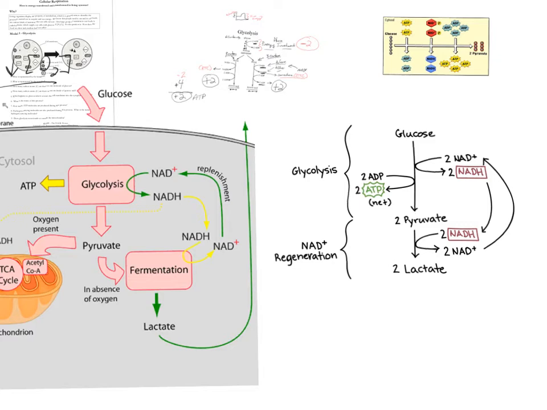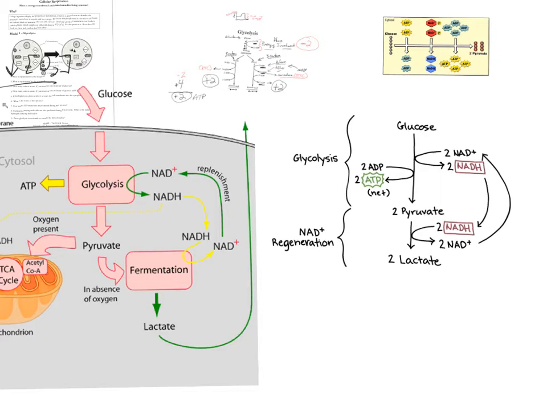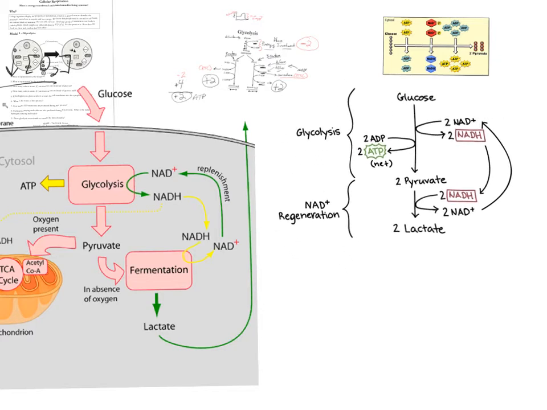In humans and other mammals, we do what's called lactic acid fermentation. The salt of lactic acid is lactate. In yeast and in some bacteria, they do what's called alcohol fermentation.